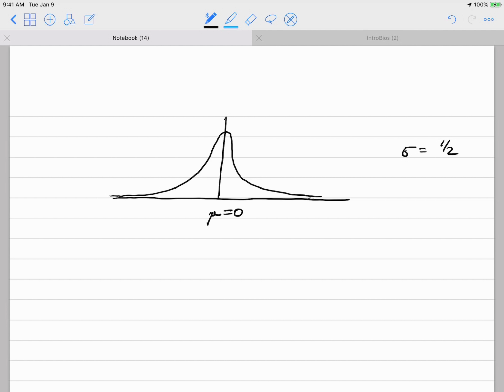So these are for theoretical distributions. These graphs are supposed to represent the theoretical normal distribution. So this is supposed to be a normal with mean 0 and sigma equal to 1/2.